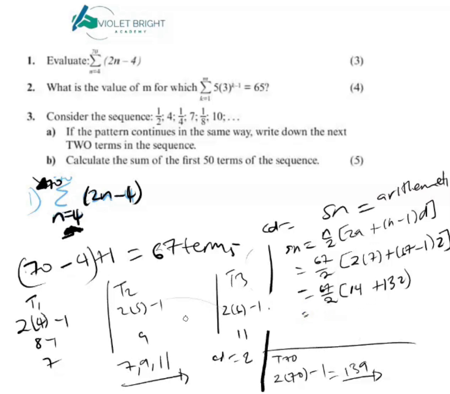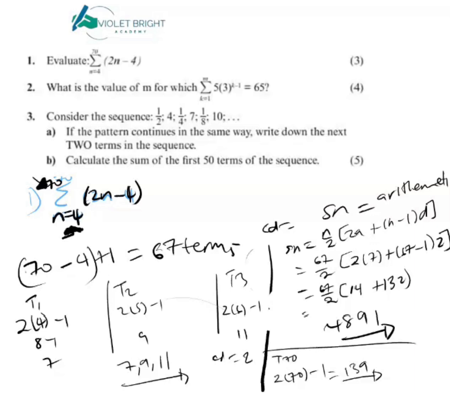Then this thing multiplied by that, it's still going to give us the same answer, 4,891. So this is how we basically do this type of question.